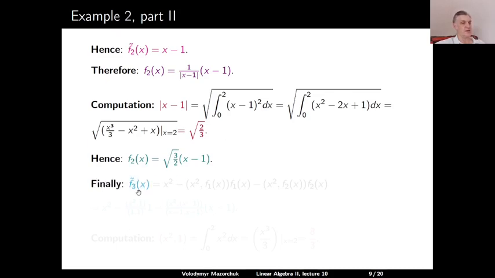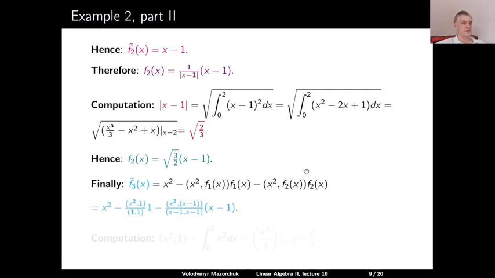Finally, the element f3 tilde is equal to x squared minus the scalar product between x squared and f1 of x times f1 of x, and then again minus the inner product between x squared and f2 of x times f2 of x.